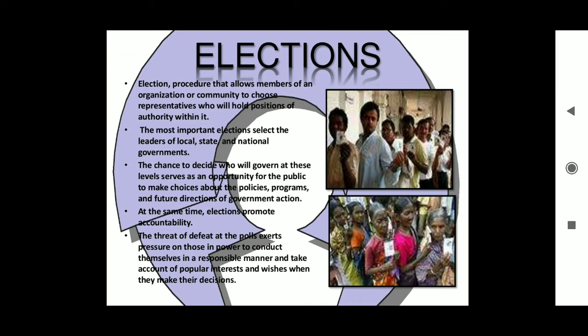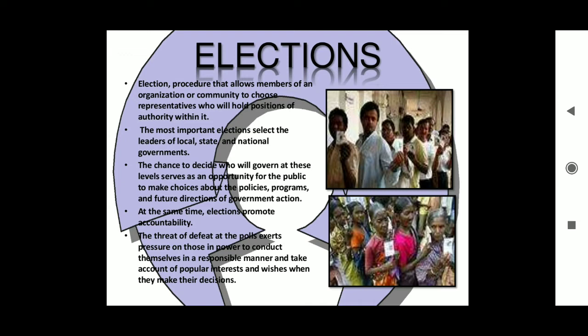It means that it is a method of choosing the representatives of different governments: local government, state government, and central government. So, when the power of choosing belongs to people, the people are the source of all political power in India. Since India is the largest democratic country in the world, this power of choosing the representatives, choosing the government, belongs to the Indian people.